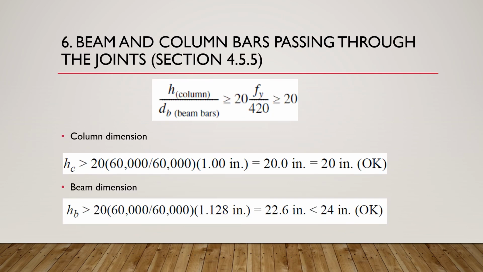So we check that. And the other one is the beam and column bars passing through the joints, and we have the check of the ratio, but in this case we check the H of the column. So we have the F sub y, that is the same in this case 60. Finally we check for the column and for the beam.